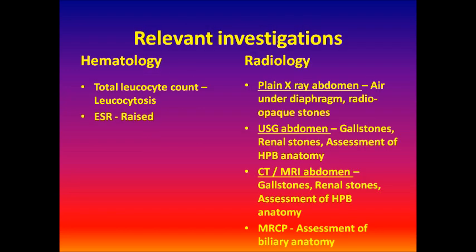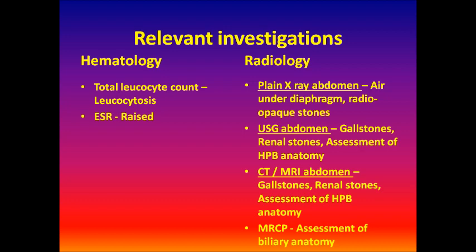When we come to the relevant investigations, in the hematology, the total leukocyte count is important, and most of the conditions are inflammatory. You find leukocytosis. The ESR may be raised. When you use the radiology, plain X-ray of the abdomen is useful to show the air under the diaphragm and also the radio-opaque stones.